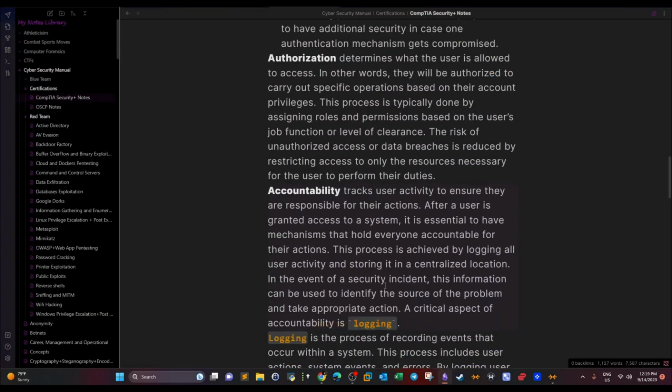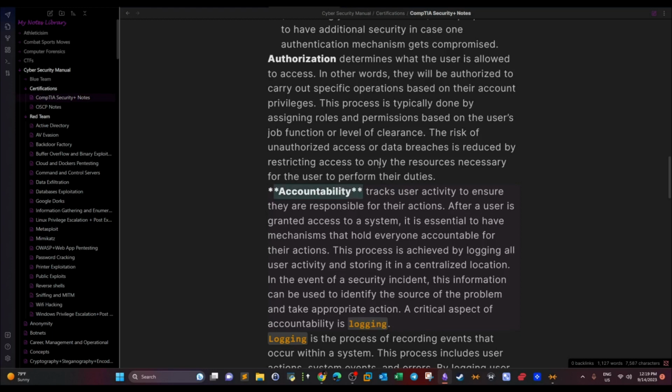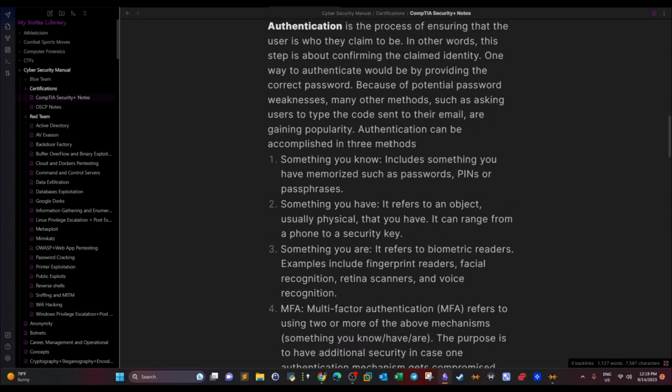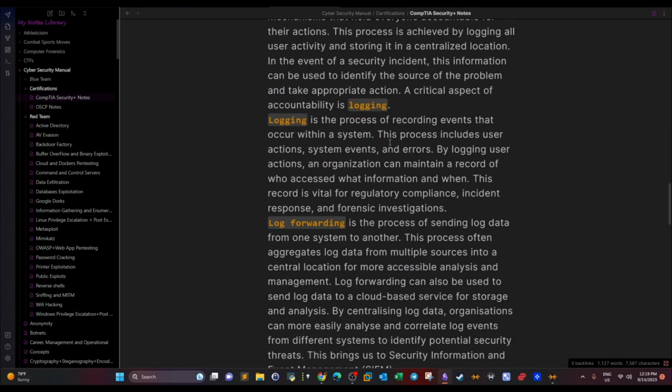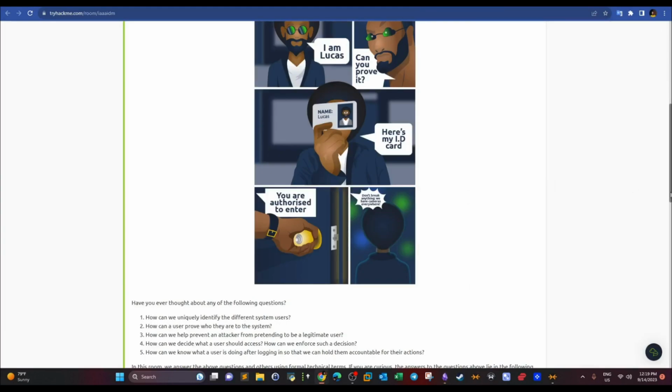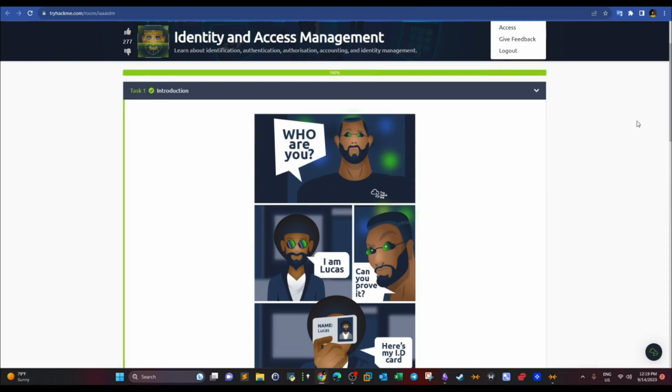Windows event logging, for example, Apache logs, all sorts of logging, they contain the user actions, the date and time, and what kind of actions the user performed. All of that is to achieve accountability. Now these four phases are part of identity and access management. Now let's see what questions are required to answer.